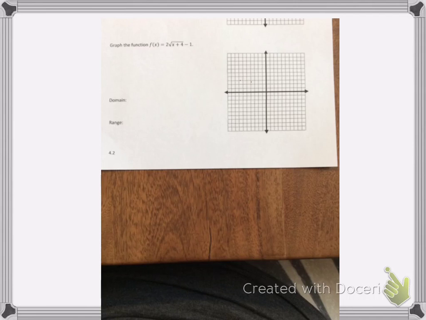All right, last one here, I think. We have 2 times the square root of x plus 4 minus 1. The plus 4 asks you to move right 4. The -1 asks you to go down 1. And the 2 out front says multiply all my y values by 2.